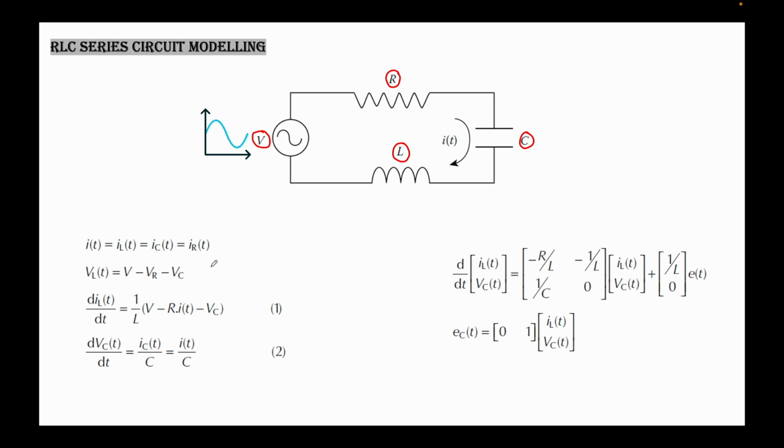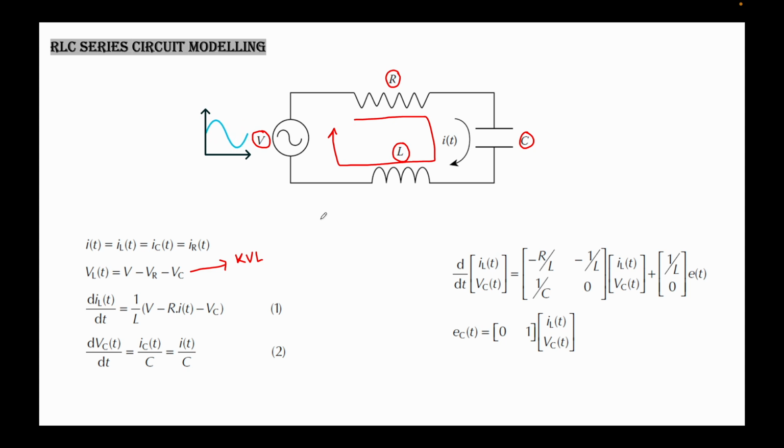Then we can apply KVL, which is basically Kirchhoff's voltage law. Using KVL, it is considered that in a loop, suppose we are starting from here and ending at the same point, the sum of overall voltage should be equal to 0.